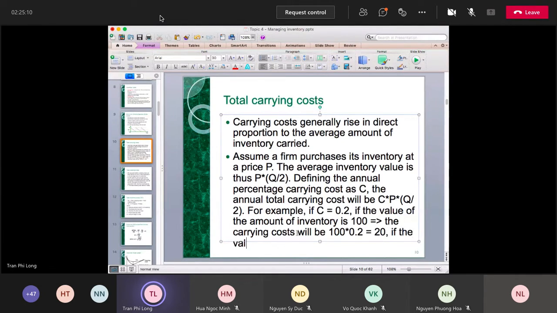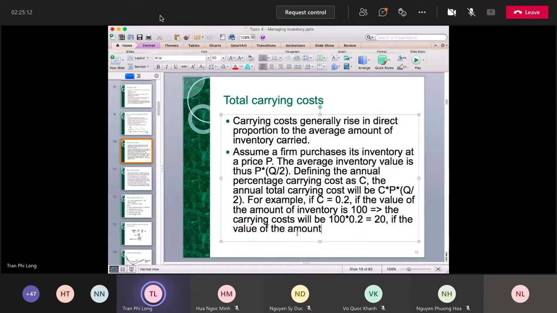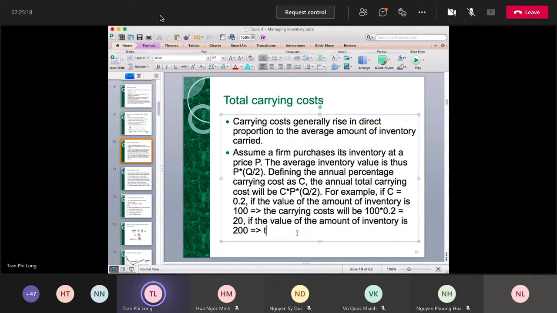And if the value of the amount of inventory is, let's say, 200, the carrying cost will be 200 multiplied by 0.2, which is 40.